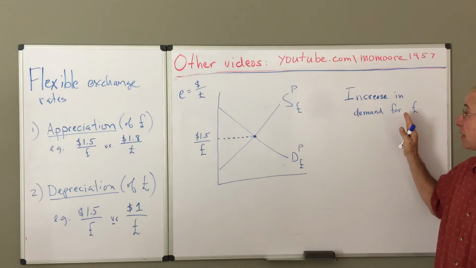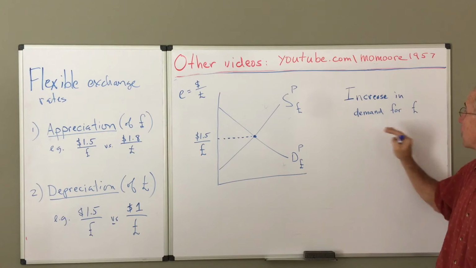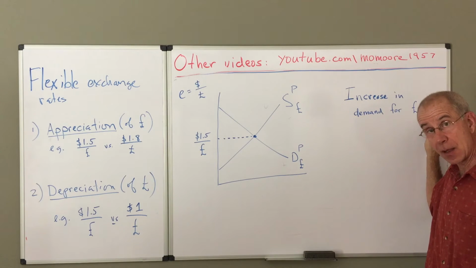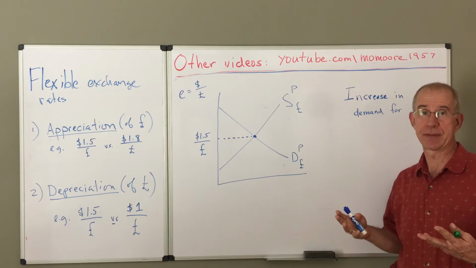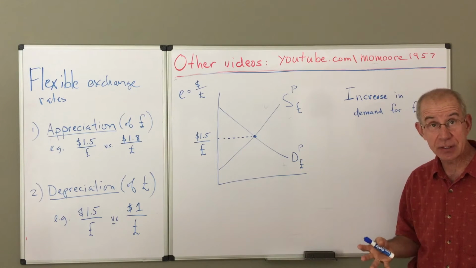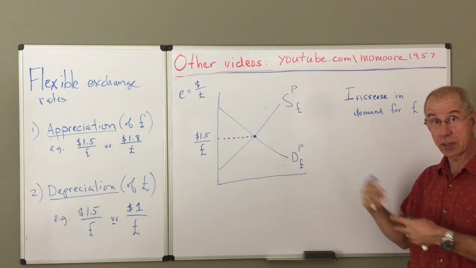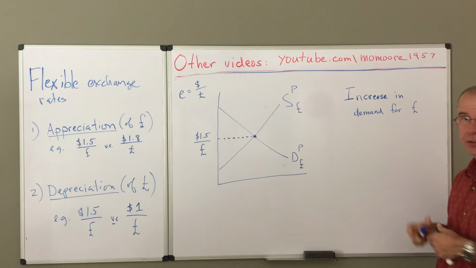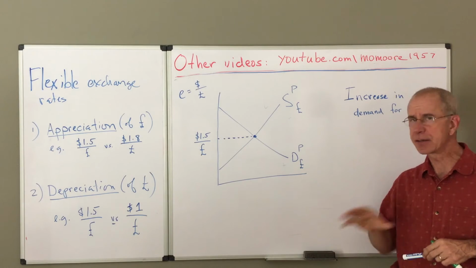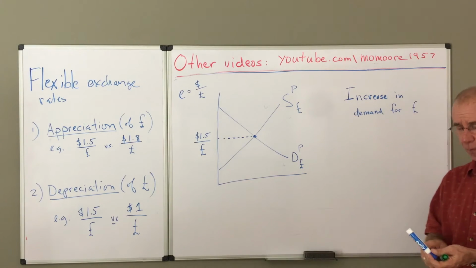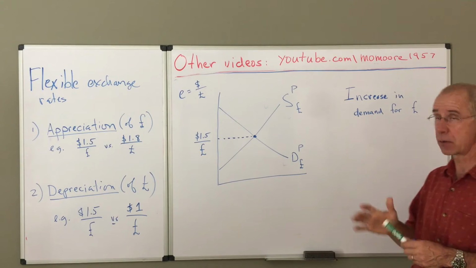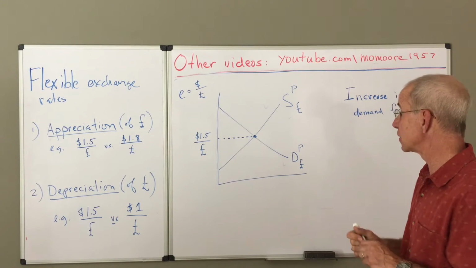So let's say that you have an increase in the demand for pounds for some reason. That could be because of changing tastes in the United States. It could be for British goods. It could be because British assets are suddenly more attractive. It could be a number of reasons. But let's just focus on the mechanism.